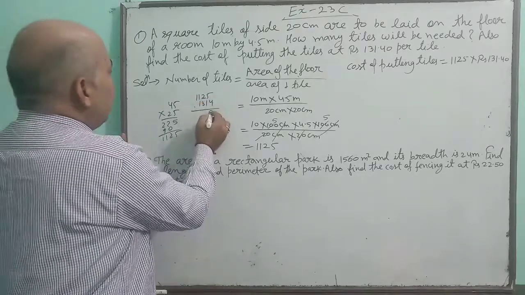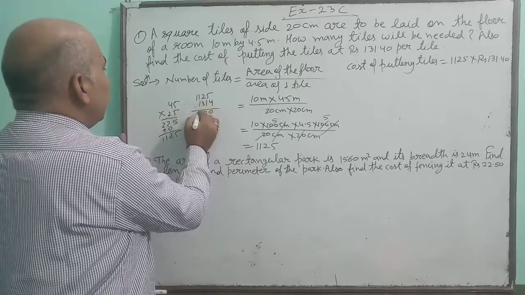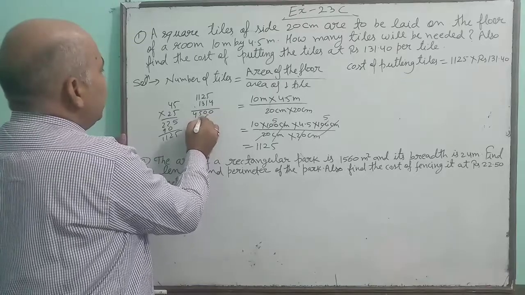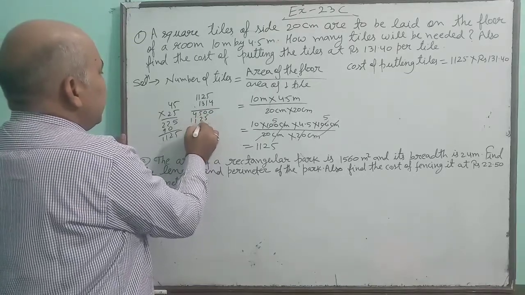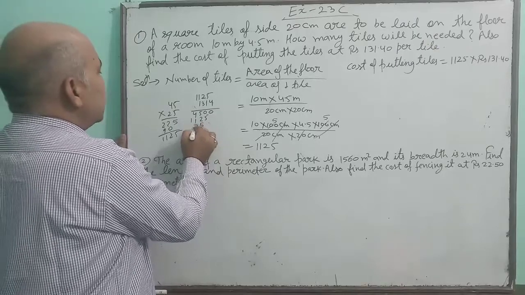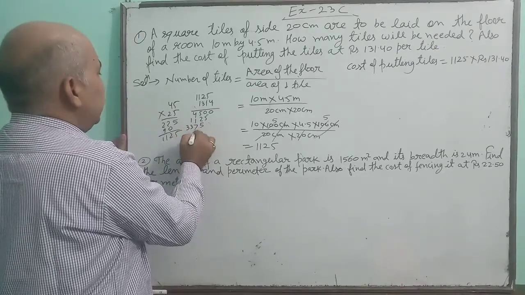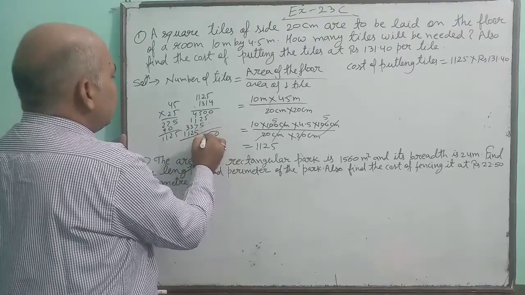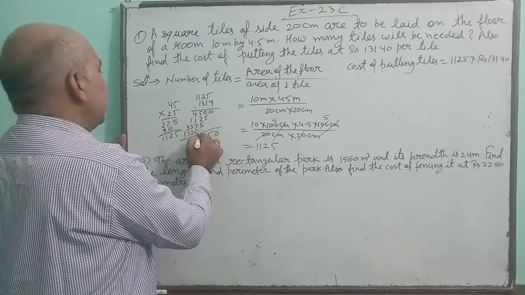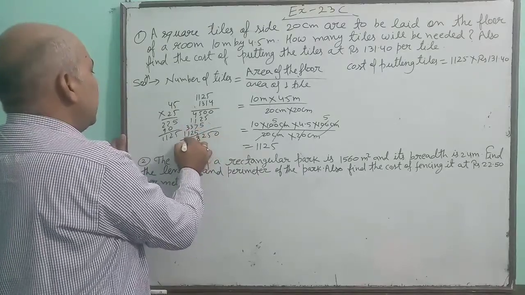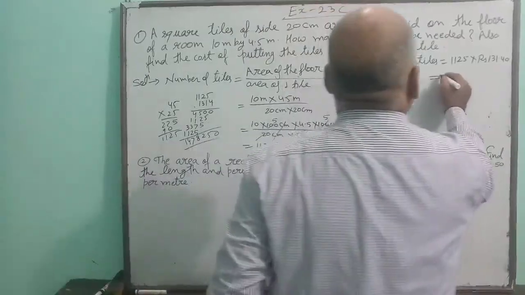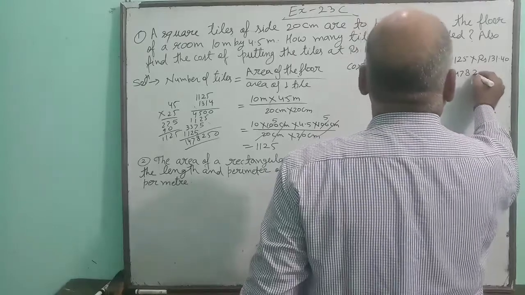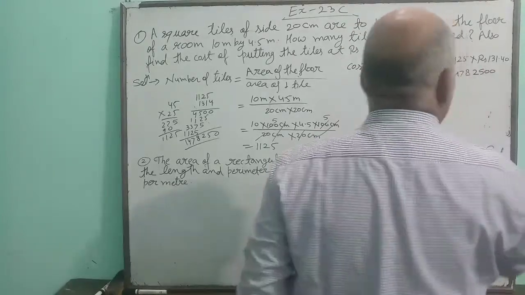4 into 5, 20, 4 into 2 is 8, 10, 1 carry on, 4 into 1, 4 plus 1 is 5, 4 into 1 is 4, 1 into 5 is 5, 2 1s are 1, 3 5s are 15, 1 carry on, 3 2s are 6, 1 is 7, 3 1s are 3, 3 1s are 3 again, 1 5 2. See here, 1 4 7 8 2 5 0 and one more 0.